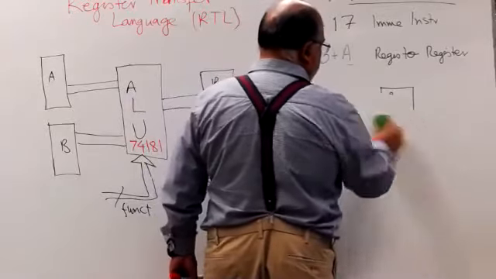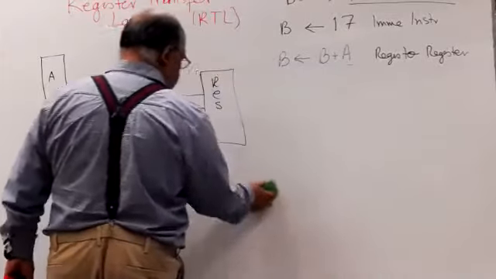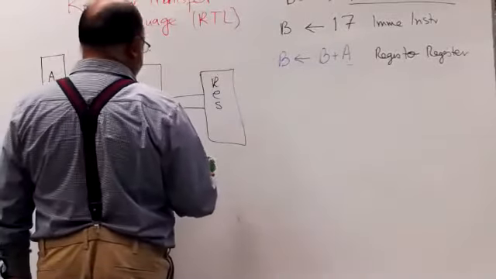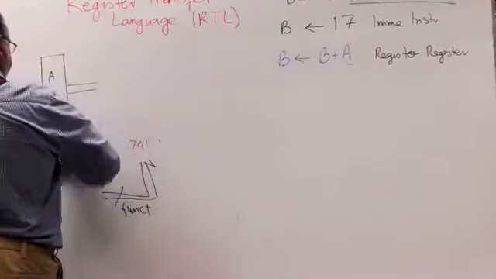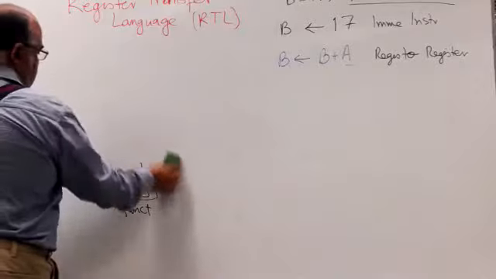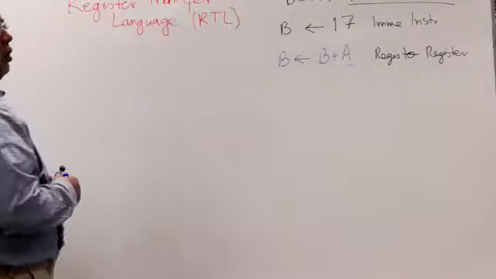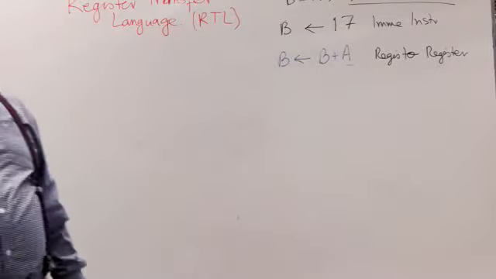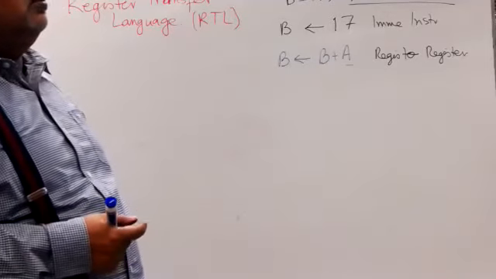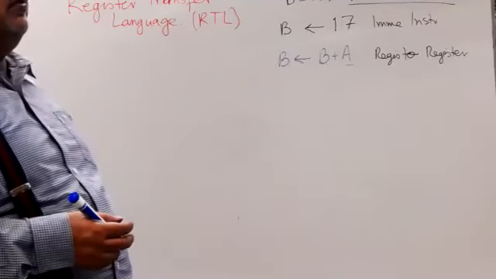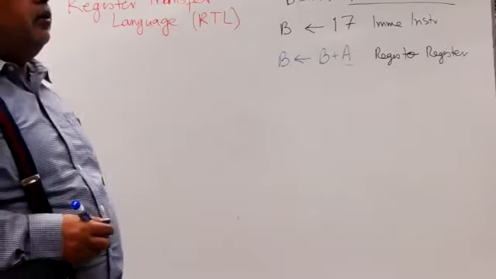The third type of operation is very simple, and that is related to memory. Memory has two very simple models. For a memory, you have a very simple model. You give an address, it gives you data. Or you give data and address and alert the write signal, it writes data in the memory.